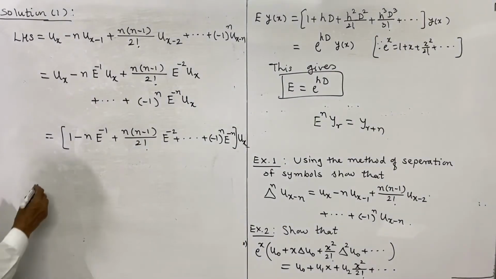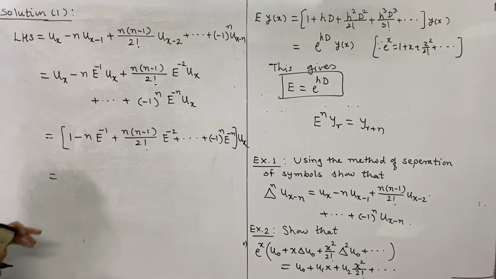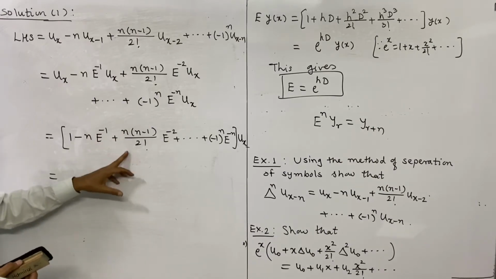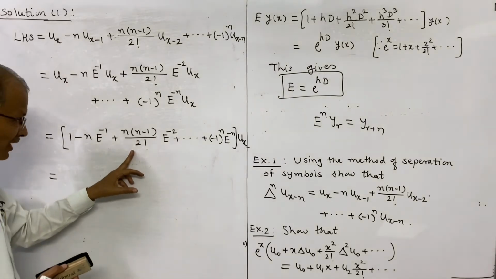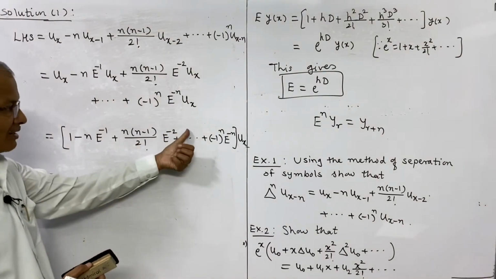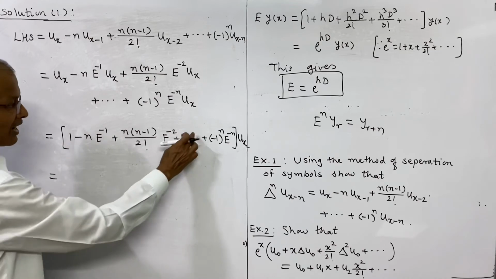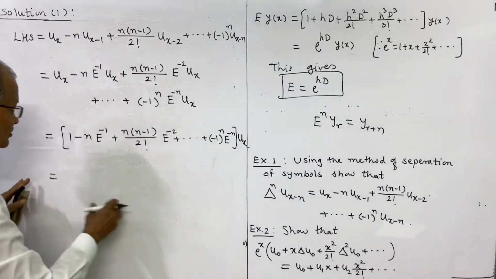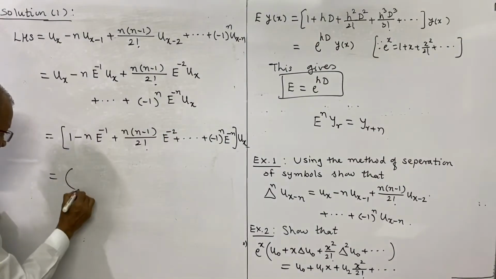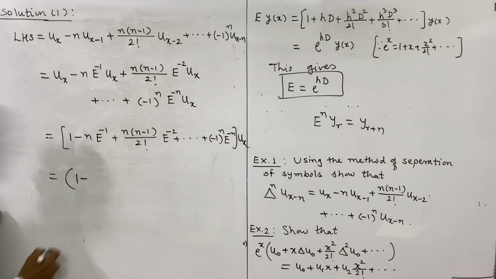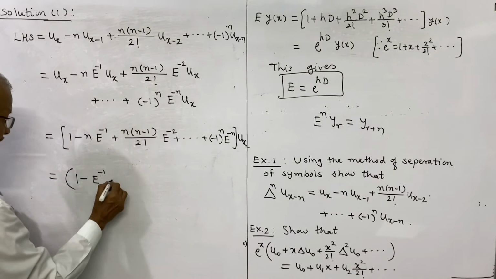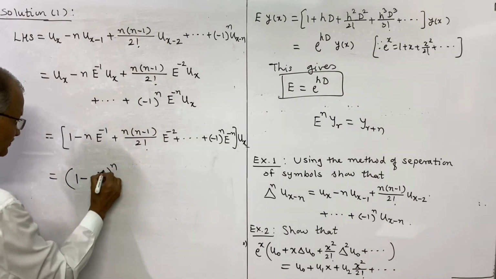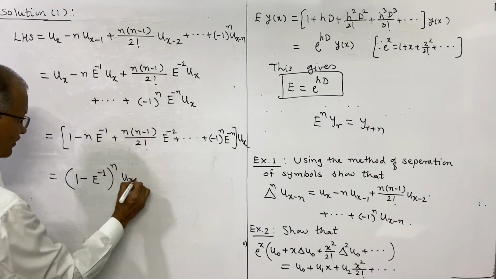And now what is the bracket? Now you can observe these are the binomial coefficients, minus n into n minus 1 divided by 2 factorial. Next will be n into n minus 1 into n minus 2 divided by 3 factorial and so on. So this is a binomial expansion. But binomial expansion of what? 1 minus e to the power minus 1 raised to n of ux.